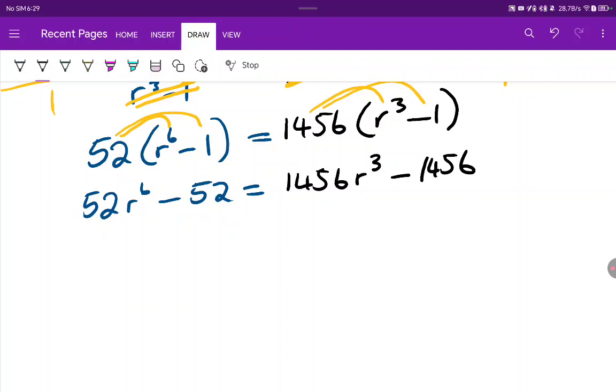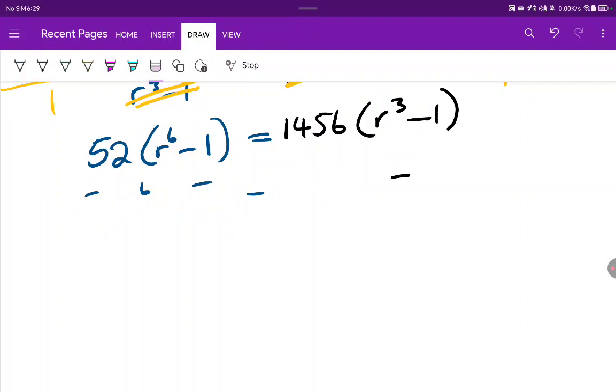Actually, you know what we could do, because I'm seeing dots here. Wait, instead of distributing, let's do this. What if we do dots?